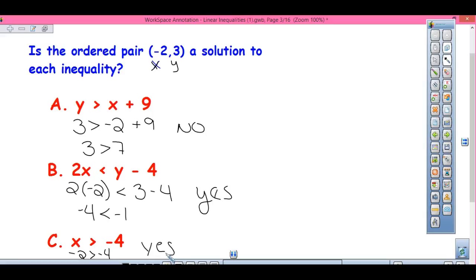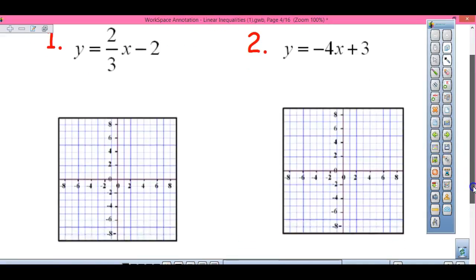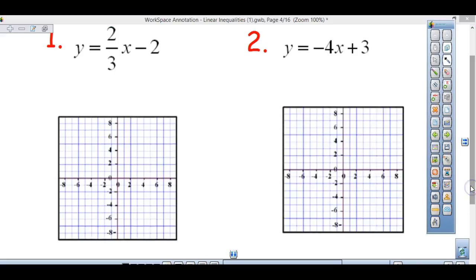All right. So now we're going to get into graphing lines a little bit. Let's review how we graph lines. With this equation, what is my starting point? Negative 2. So we start at negative 2.